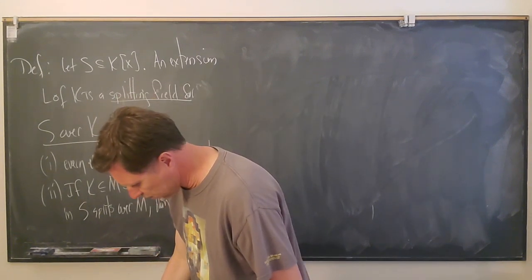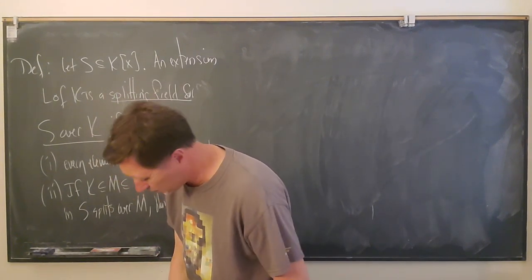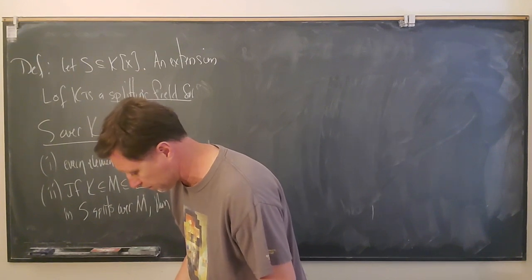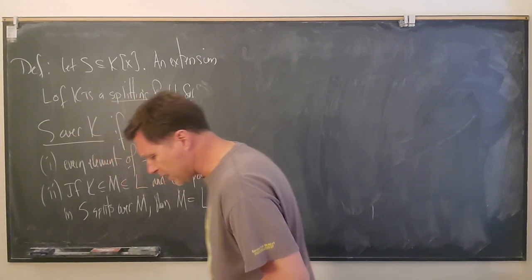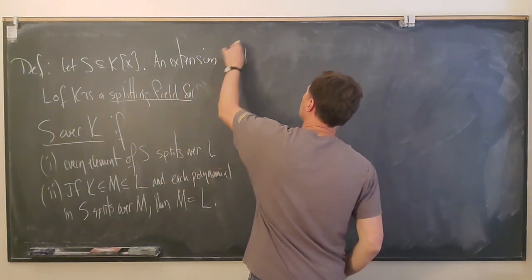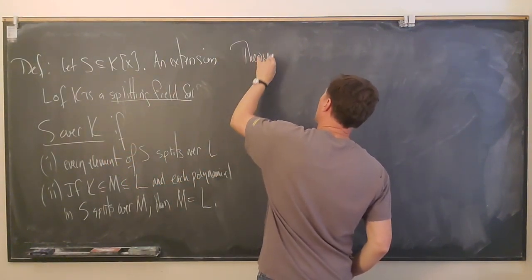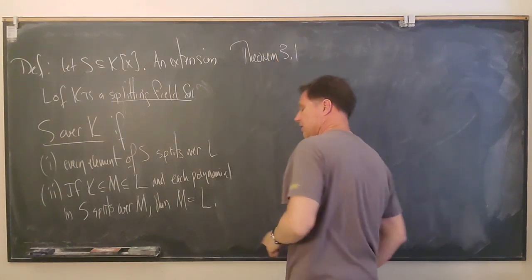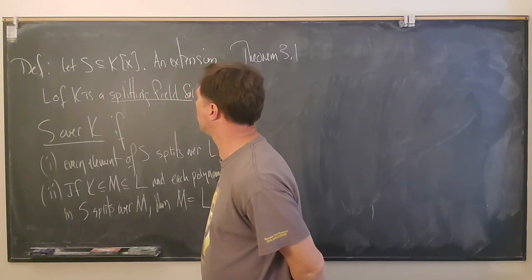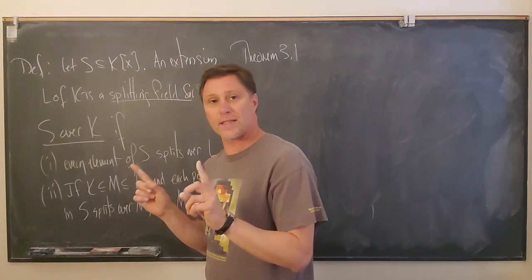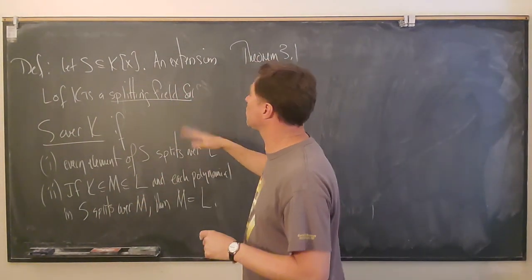Okay, so now here's the theorem, and there's some hard work involved in proving this theorem. Or at least it's fairly intricate. What this is going to do is totally characterize normal extensions in terms of splitting fields for sets.